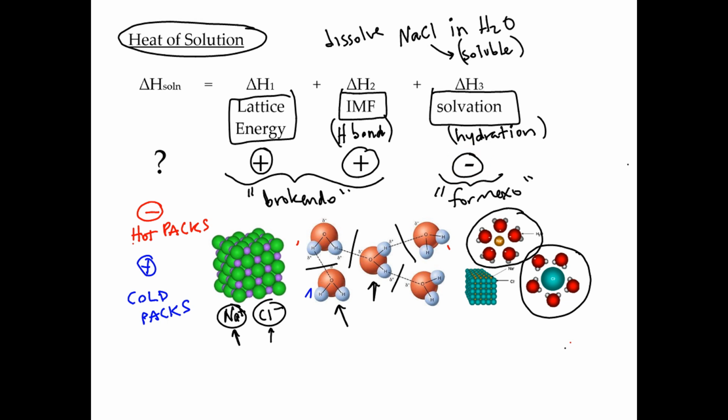Whatever the combo is, it's going to result in a positive answer. So this is going to help you with the book problems that ask you questions about delta H1, delta H2, delta H3, or the heat of solution.